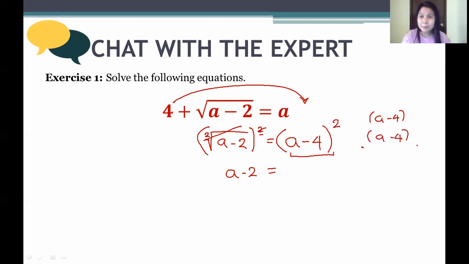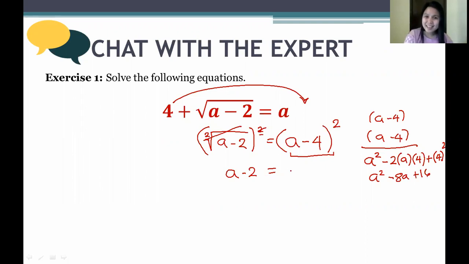Or if you apply your special products in grade 8, it is just the square of the first minus twice the first and the last plus the square of the last. So we now have a squared minus 8a plus 16.